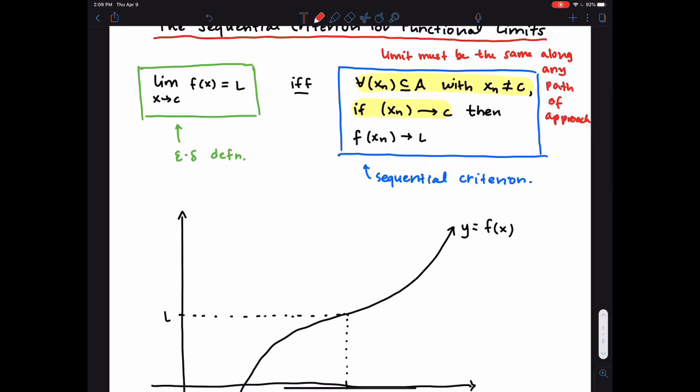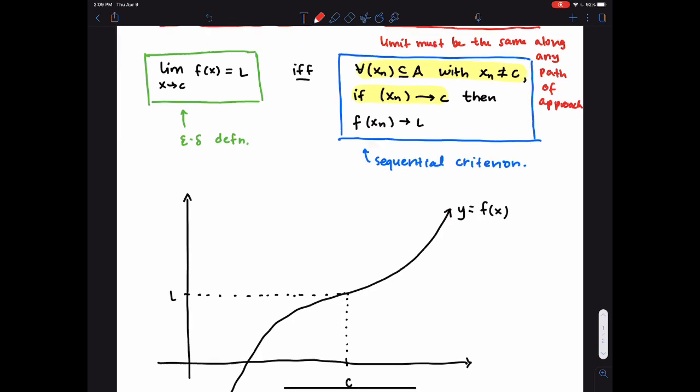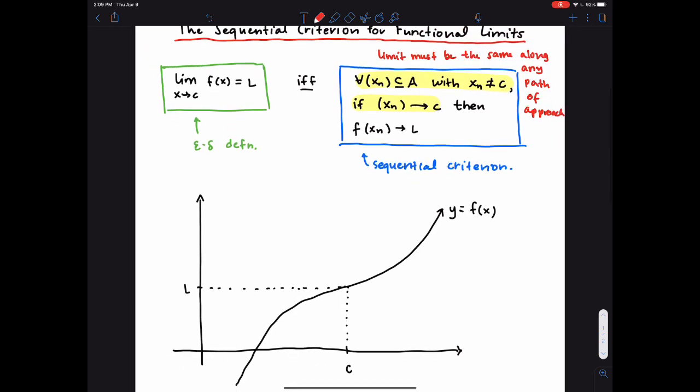To do so, let's remember what our picture looks like when we're talking about the epsilon delta definition. I could specify any epsilon neighborhood of my limit L, and I should be able to come up with a delta neighborhood that will put all of the inputs in that delta neighborhood inside that epsilon band.